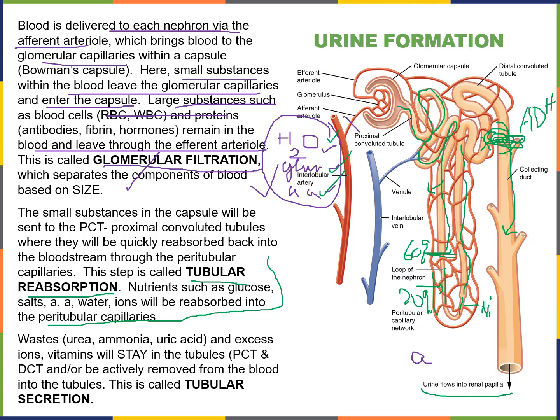Antidiuretic hormone will be secreted because the hypothalamus monitors our water balance in the body. ADH will be secreted, and it basically tells these cells to open up these aquaporins and allow water to be reabsorbed. So if you're dehydrated, then you do not produce a large volume of urine. It will be a small volume of very concentrated urine.